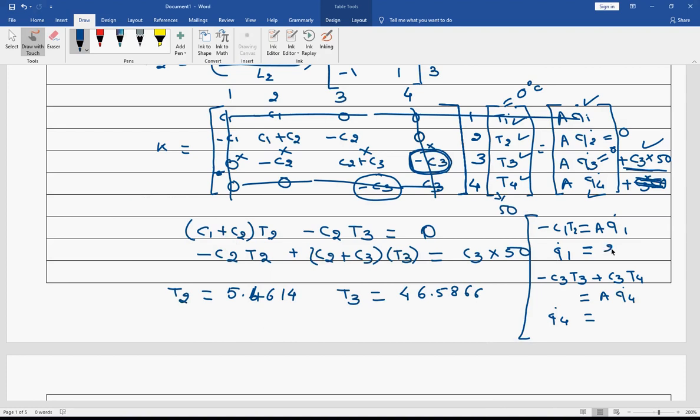Okay, so it is 27.307 minus, and what will the other value be then? The two values are different. Can anybody confirm this value for Q4?